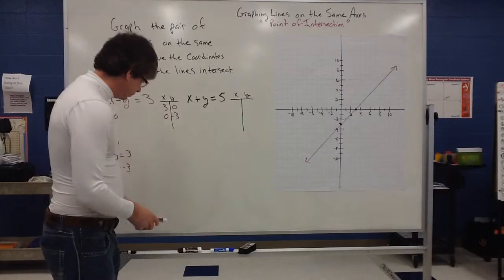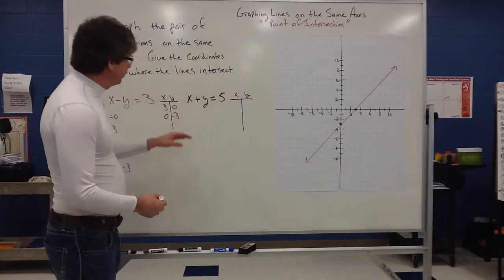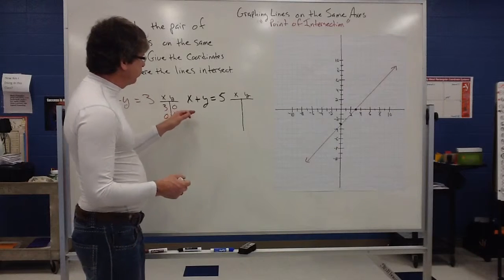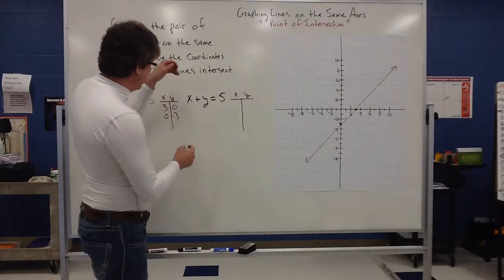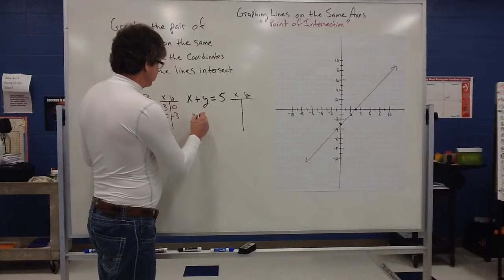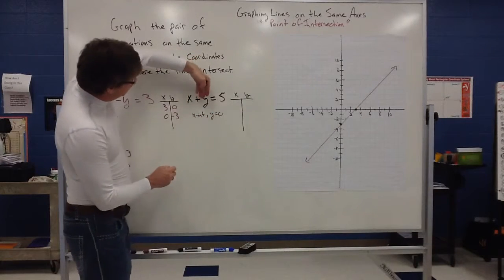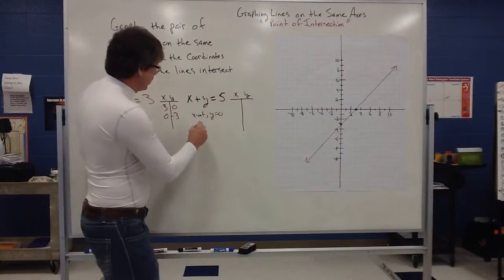So my next equation I have is x plus y equals 5. And again, I'm going to just go ahead and find the x and y-intercept since it looks like this. So to find the x-intercept, we set y equals 0. In other words, this will fall out of the problem and you have x equals 5.